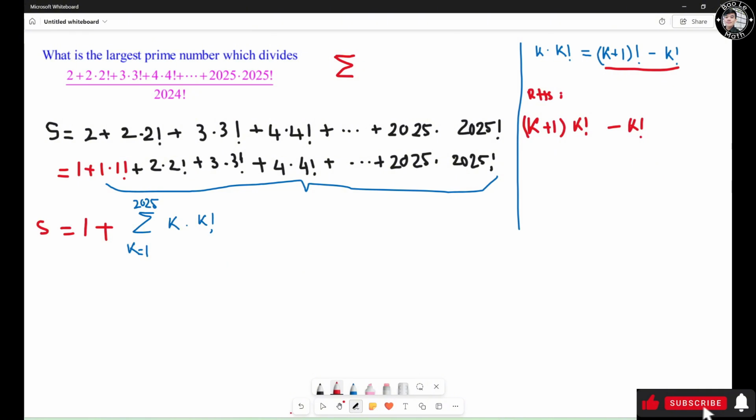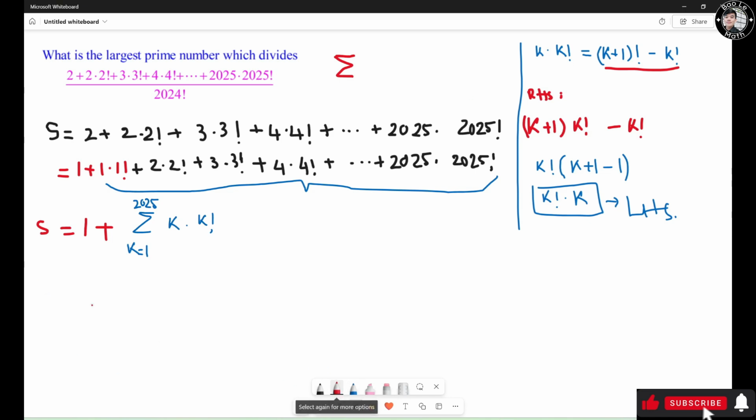Now I factor k factorial out, so it's k factorial times (k plus 1 minus 1), which turns out to be k factorial times k. This equals the left hand side, so this has been proved.